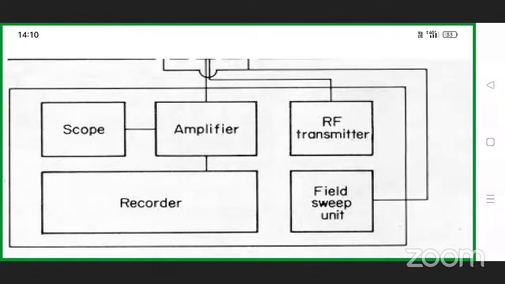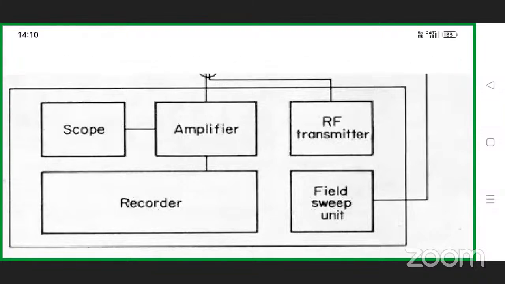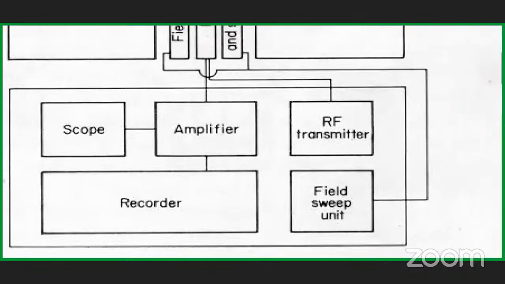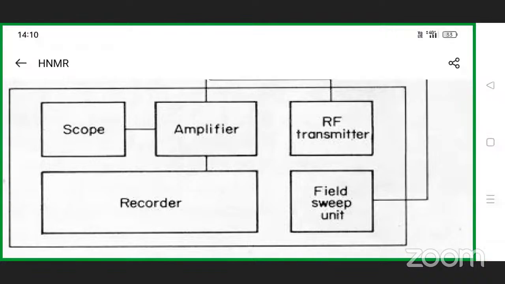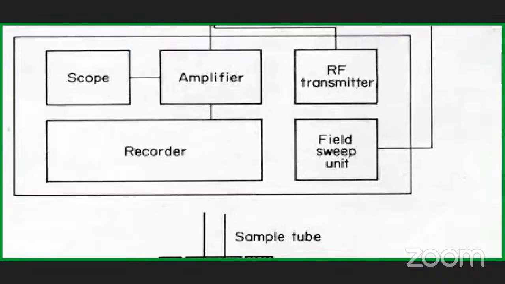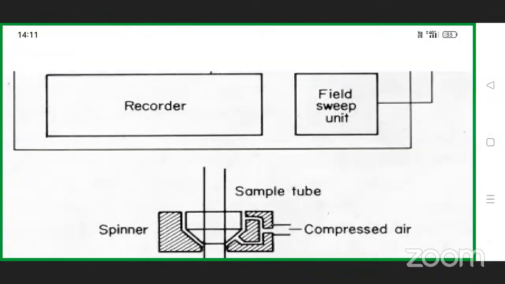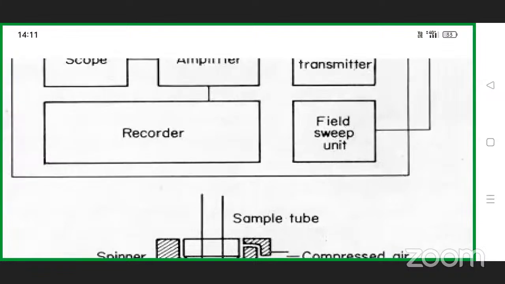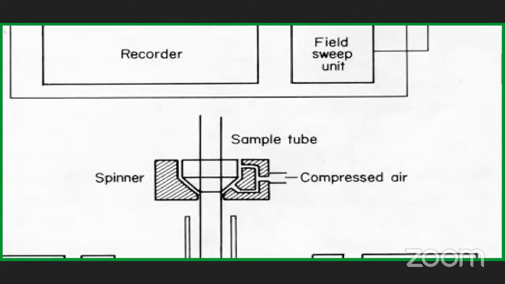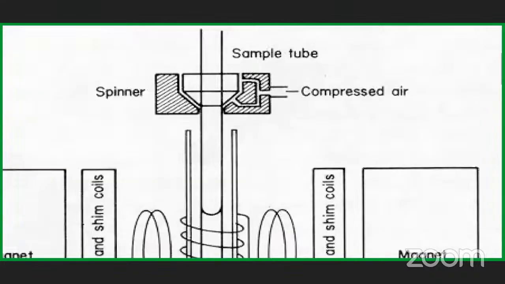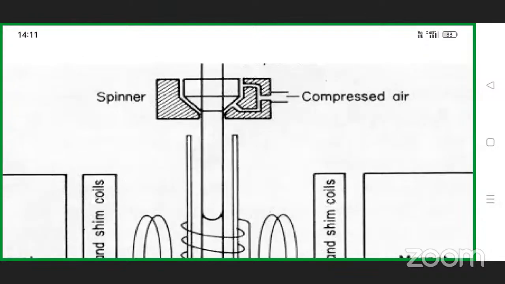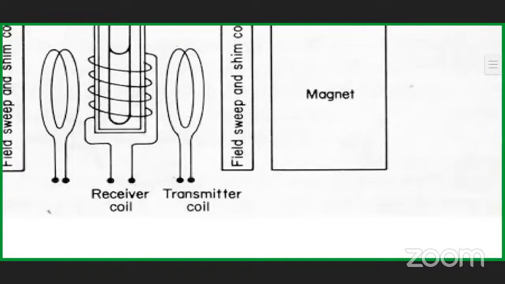This kind of flipping takes place, and the phenomenon is recorded in the recorder device. The recorder records the spectra, and finally whatever observation is done comes out as your output.